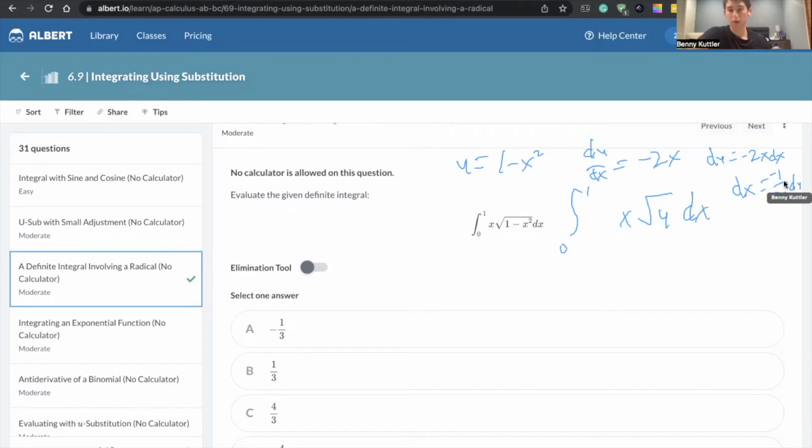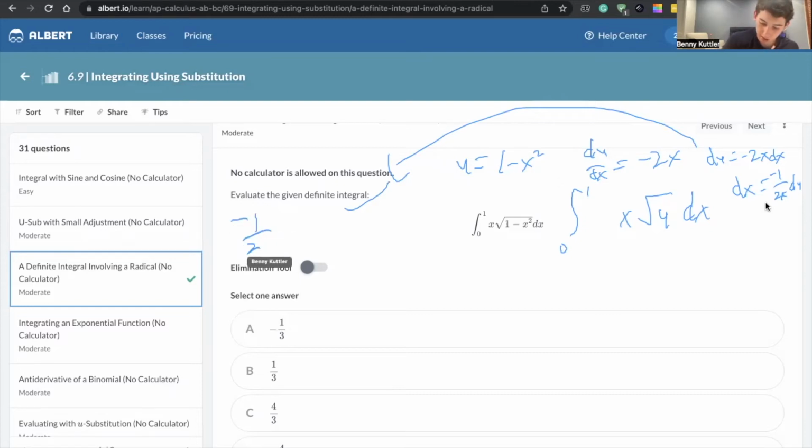So now we want to plug in this expression for dx. We'll carry on our work somewhere over here. We substitute that in, and we get negative 1 over 2x times du, times this x that was already here originally, times the square root of u.